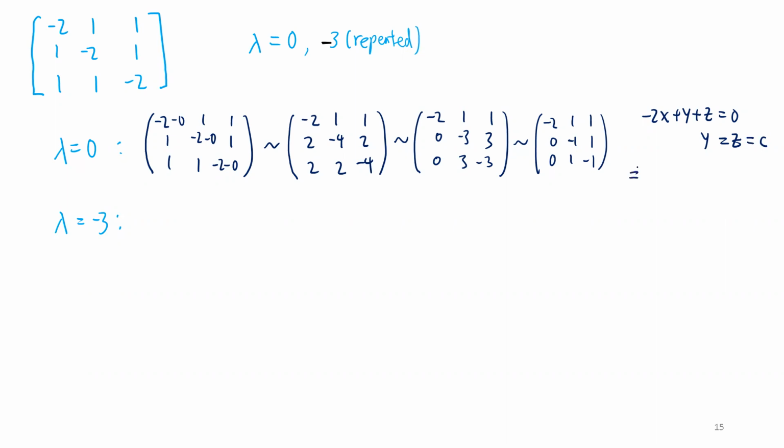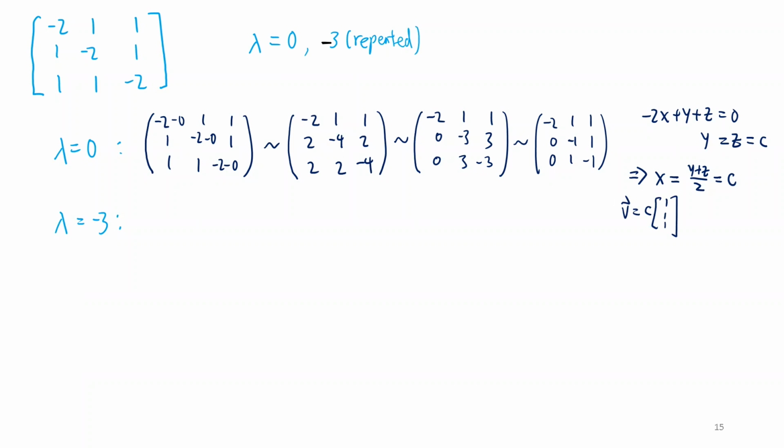That means x, which equals y plus z divided by 2, equals z. So x, y, z are all equal to the parameter c. That means the eigenvector, let me call this v1, is given by c times 1, 1, 1. Of course, the c is irrelevant here. So the first eigenvector I find is 1, 1, 1.